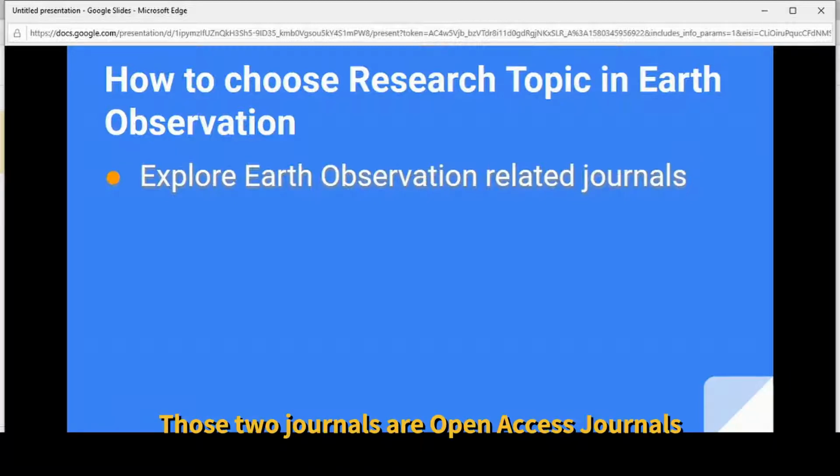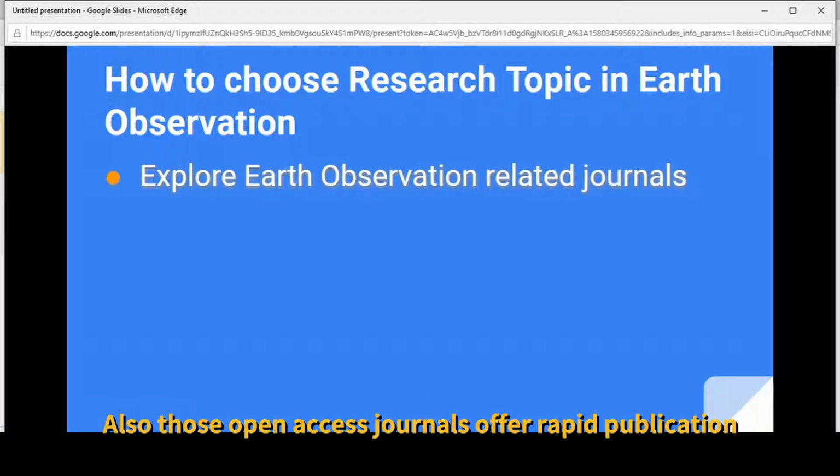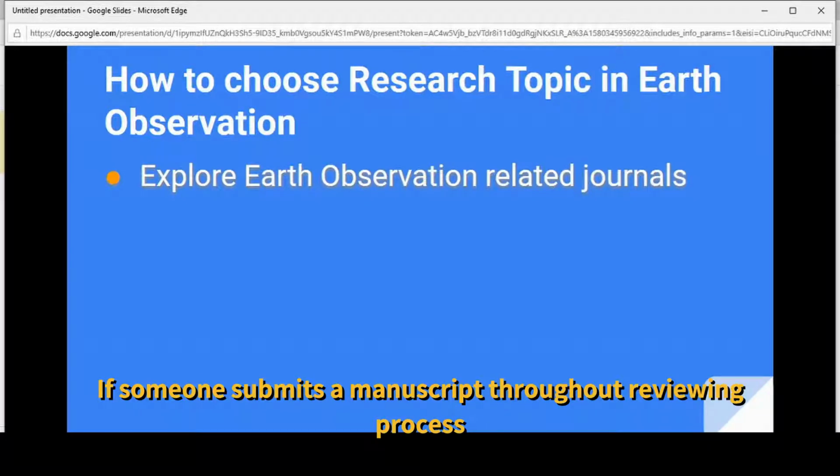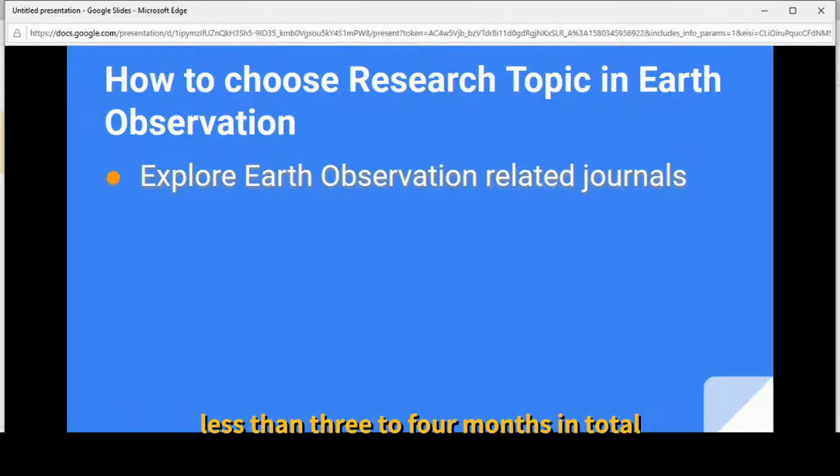Those two journals are open access, so you don't need to pay a fee for each publication, and the papers are open to the public so anyone can access them. Especially for those two journals, the turnaround period is quick: someone submits their manuscript, and through the review process, acceptance and publication, it takes less than 3 or 4 months, up to 6 months.